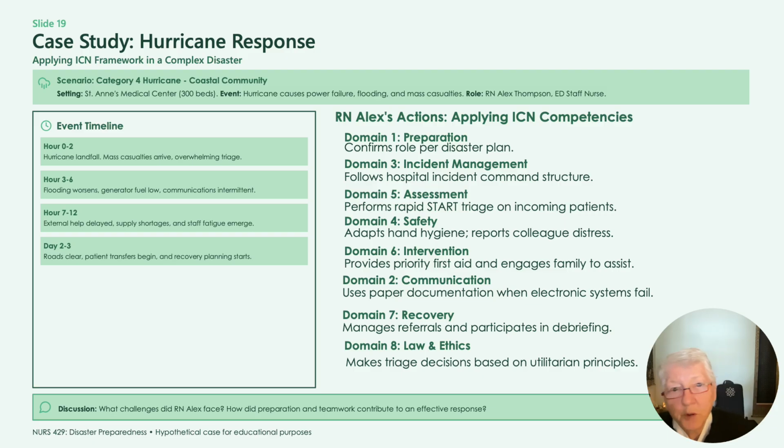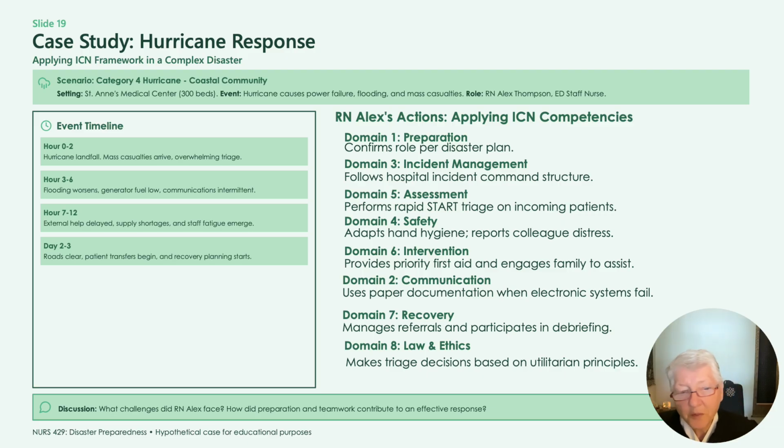As the timeline progresses, challenges occur that have overwhelmed triage: worsened flooding, limited fuel, communication failure, staff fatigue, and delayed external resources. RN Alex applies competencies across the ICN domain, including preparation, incident management, access, safety, intervention, communication, recovery, and ethical decision making. This case highlights the importance of preparation, teamwork, and ethical reasoning.